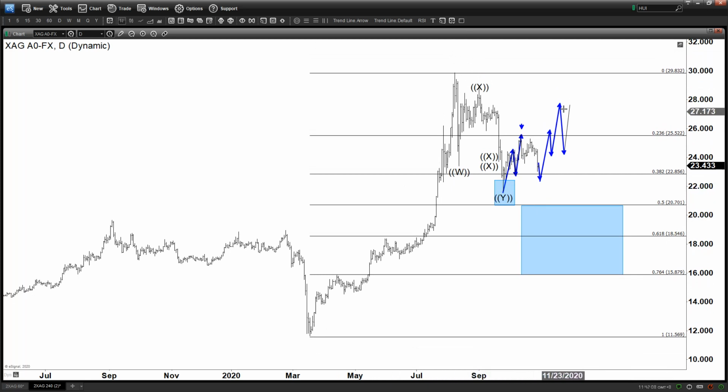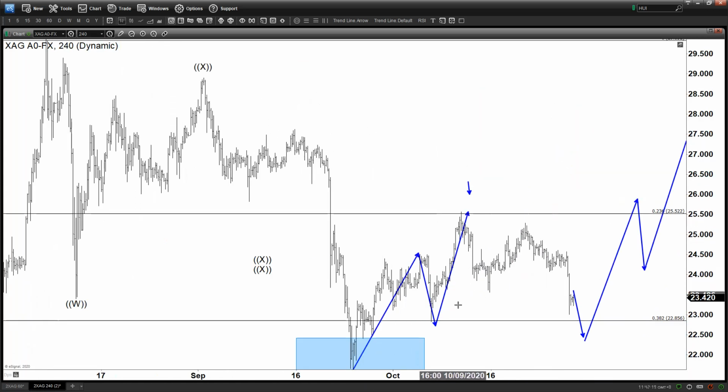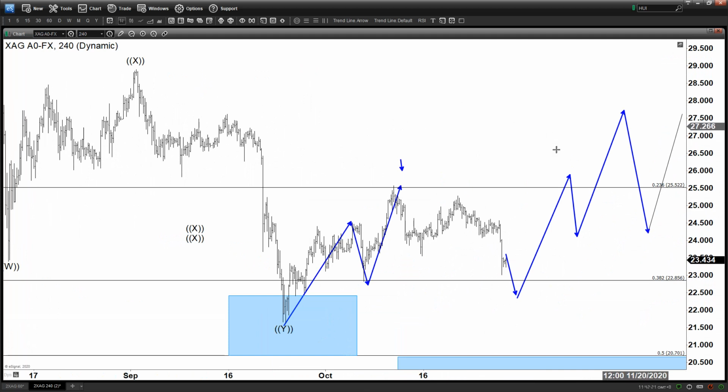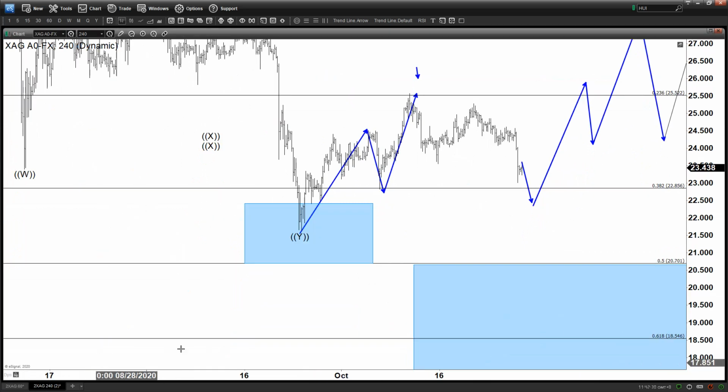So normally in that kind of scenario, the wave 1 in wave C or the wave 1 in wave 3 is not going to be a diagonal like this. So most likely this is still corrective, and as a result, you still cannot rule out a further push on the downside in silver.